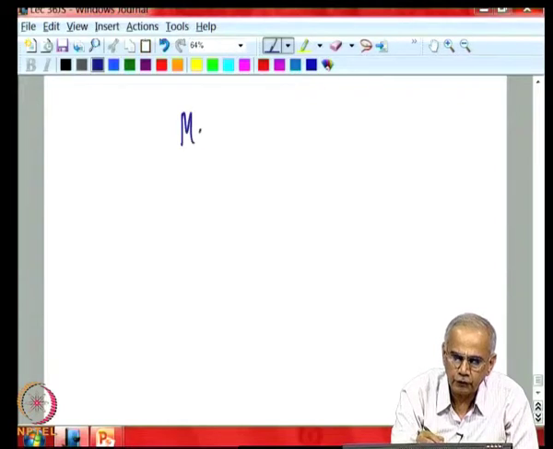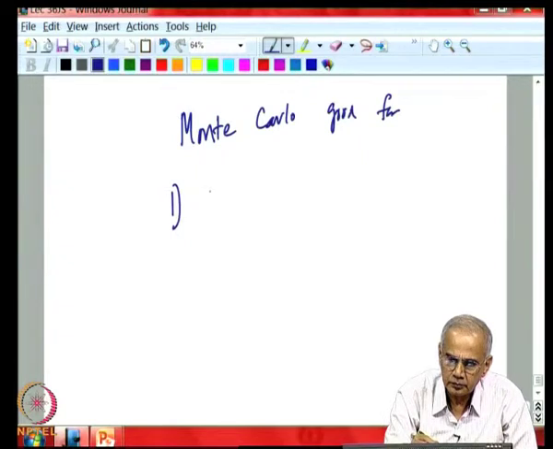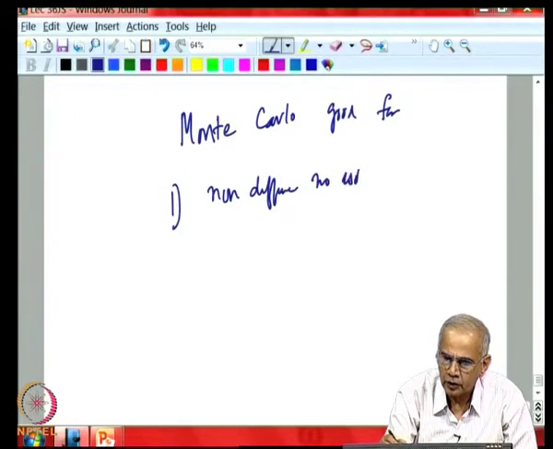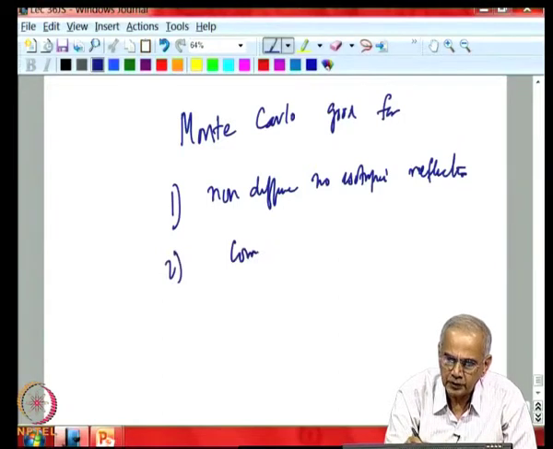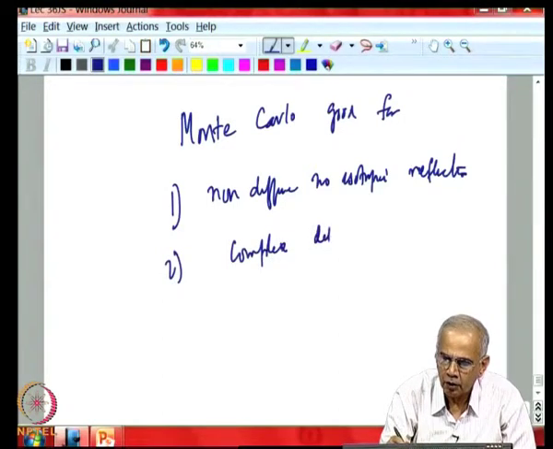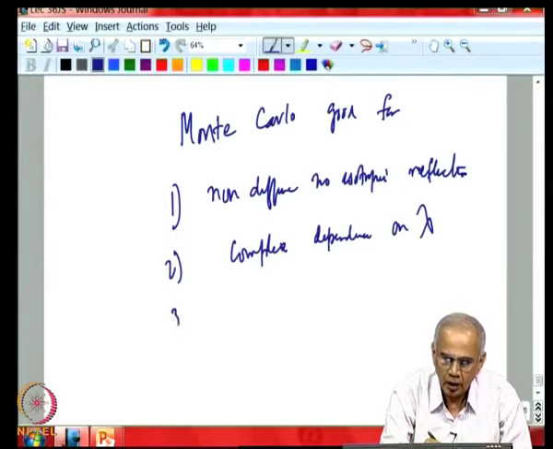So, Monte Carlo is good for non-diffuse, non-isotropic reflection from surfaces, complex dependence on wavelength, and complex geometry.